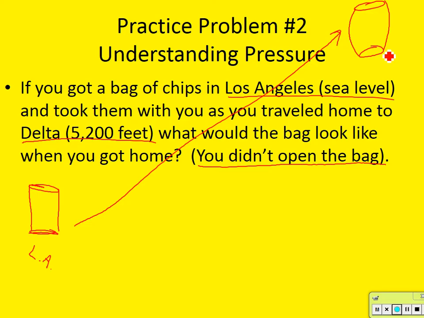Do they have more air pushing down on them? Yes. When you come up in elevation, there's less air pressure, right? And so if there's less air pressure, now there's not as much air pressing on the bag, so it can kind of bow out on the sides like this, and it looks like a big air pillow. So, differences in pressure.